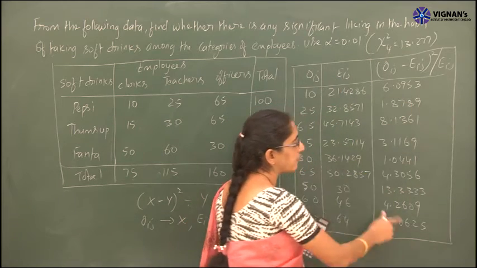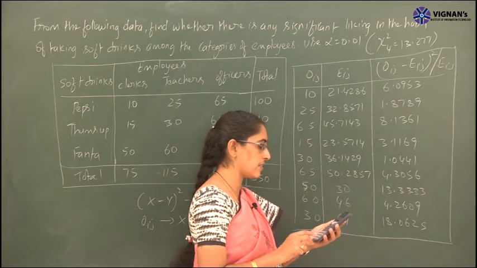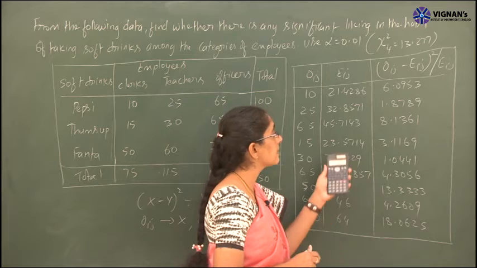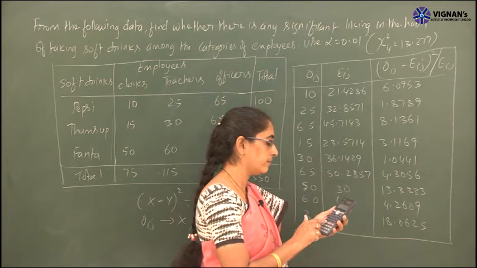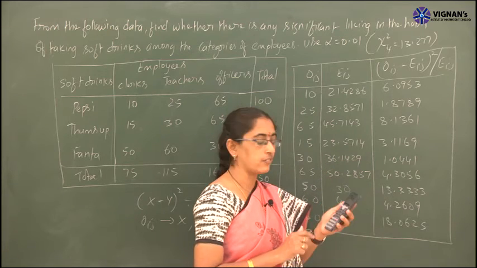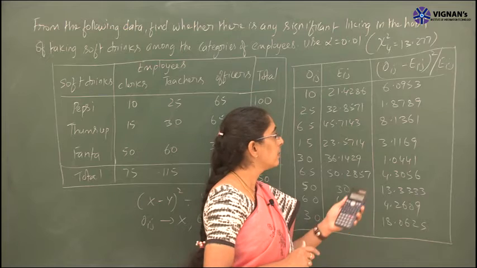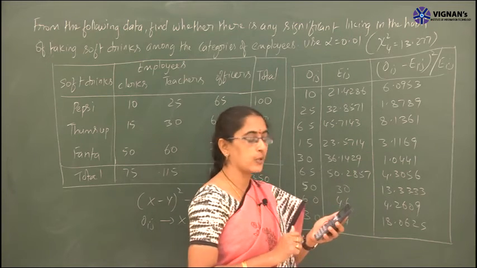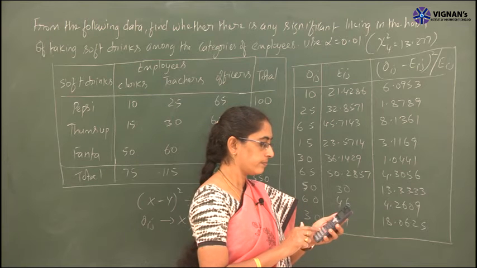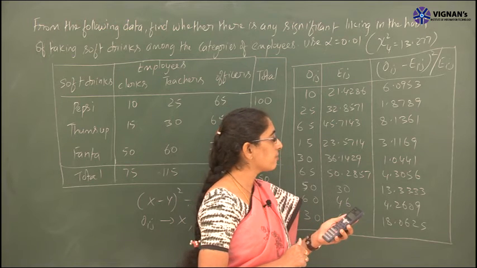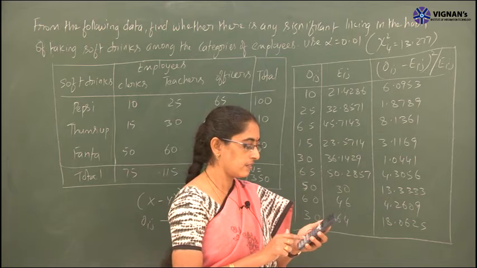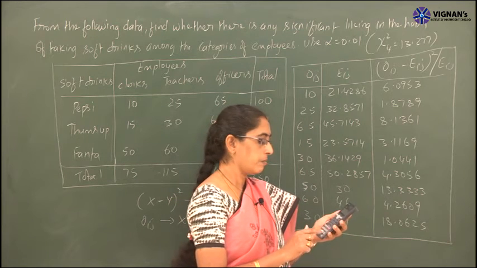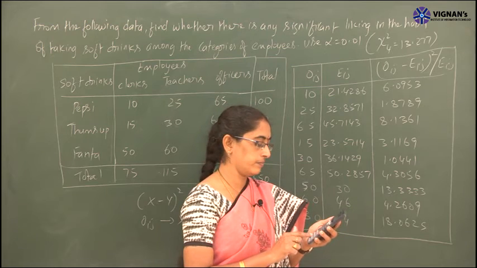Okay. Now we have to find the summation of all these values here. So 6.0953 plus 1.8789 plus 8.1361 plus 3.1169 plus 1.0441 plus 4.3056 plus 13.3333 plus 4.2609.